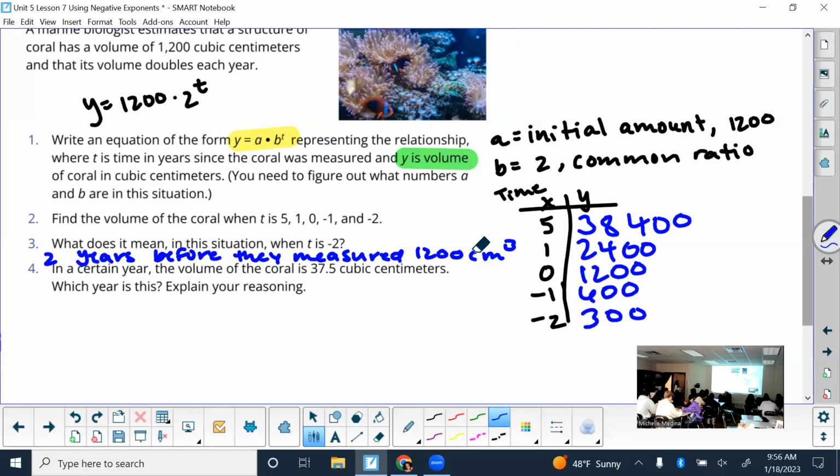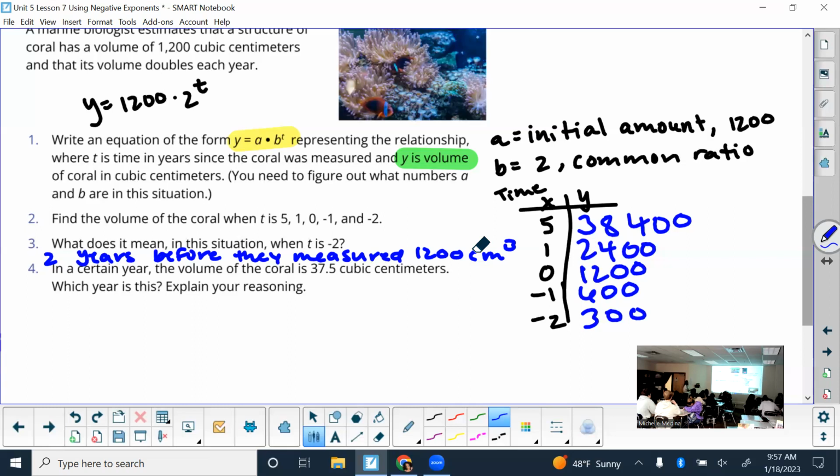So if you see a negative, obviously we can't have negative years, but it must be before they measured that starting amount. That does happen sometimes where they say T is years after 2000. So if they say T is -3, what year are they talking about? 1997. So it is possible now to have these negative exponents, and that's what it would mean.